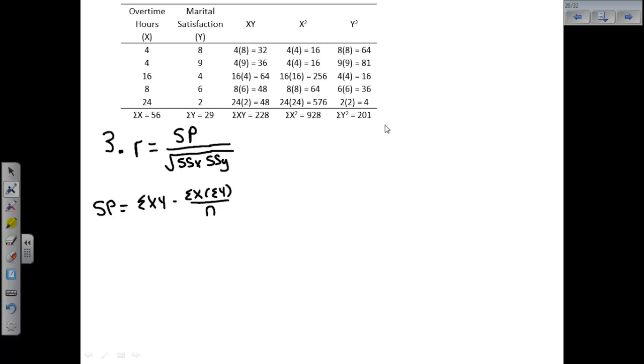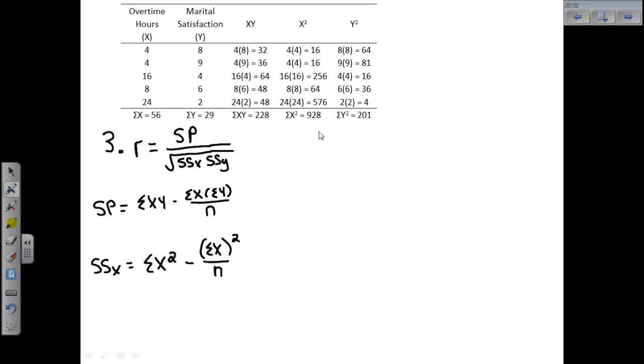And because this has already been done, and you'll be doing this on your own in the knowledge check, I got my sum of xy, sum of x, sum of y, boom, good. No more formulas there. Now, sum of squares x. This should be a formula that you know pretty well. Sum of x squared minus sum of x quantity squared divided by n.